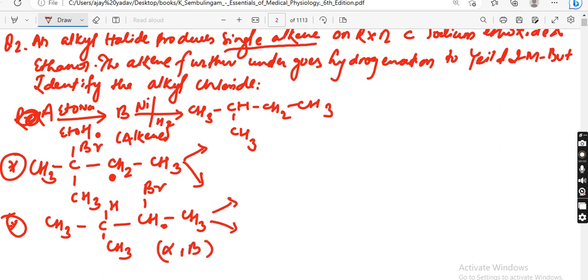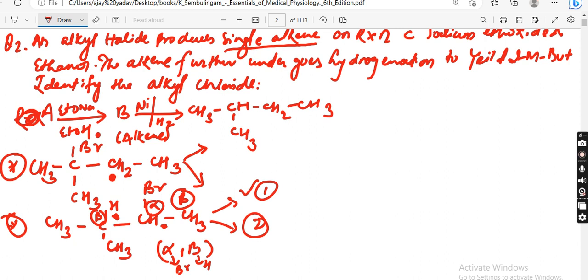This is the alpha carbon, and these are beta carbons. Hydrogen would be released from the beta carbon, and bromine from the alpha carbon. If we remove this hydrogen, one product will be formed, and if we remove this hydrogen, a second product will be formed.